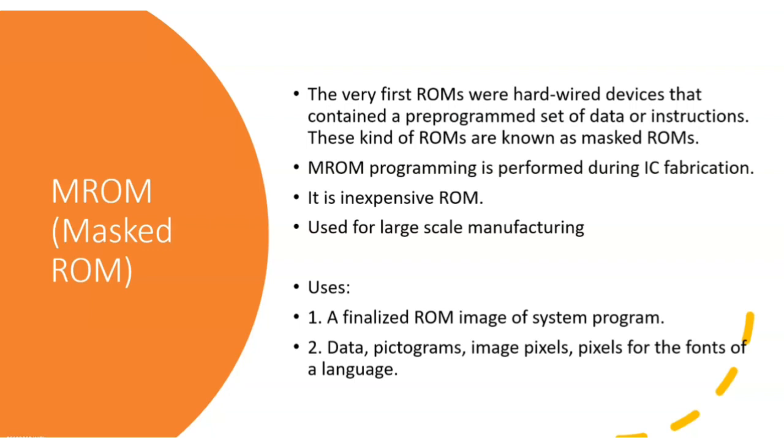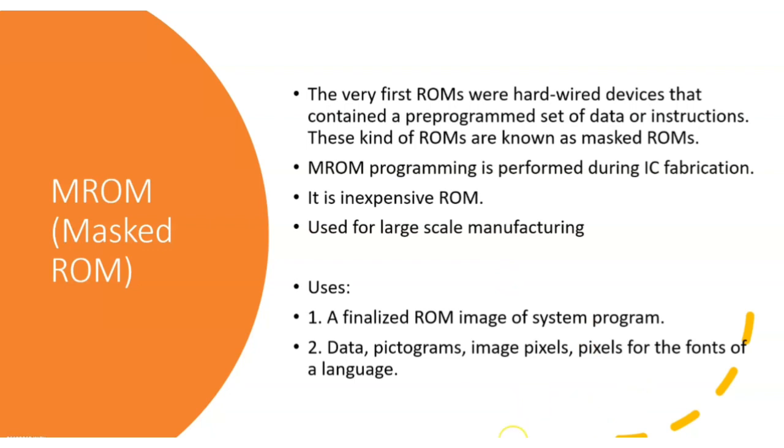The very first ROM is a hardwired device containing a pre-programmed set of data and instructions, and this programming happens when the memory chip is manufactured. It is an expensive one, and it is used for large-scale manufacturing. Once this memory is manufactured, we cannot make any modifications to it. That is the masked ROM.